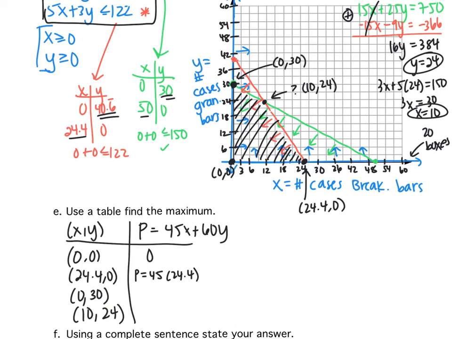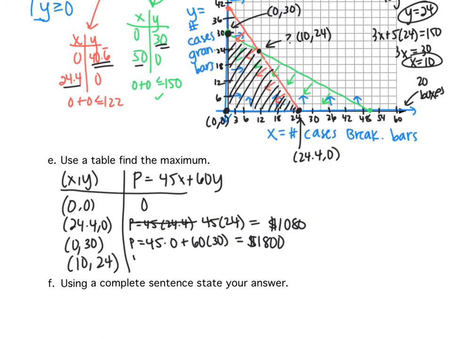Now let's think logically about that though. X is the number of cases of breakfast bars. We can't have 24.4 of them. So because of that, we're really going to do 45 times 24, whole number of breakfast bar cases. And we get $1,080. For 0, 30, we're going to do 45 times 0 plus 60 times 30, which gives us 1,800.